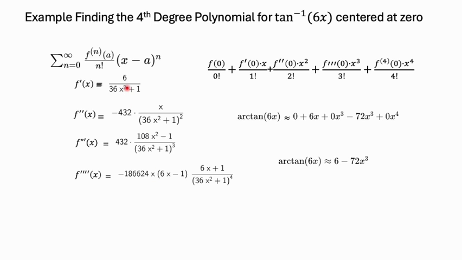Then what we have to do to finish getting this expansion is evaluate all those derivatives at our center, a equal to 0. So we're going to plug in f of 0, f prime of 0, and that's going to come with an x, because when we plug in 1 for n, that gives us x to the first power.